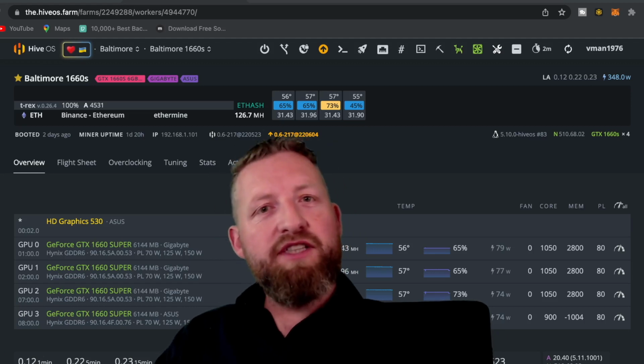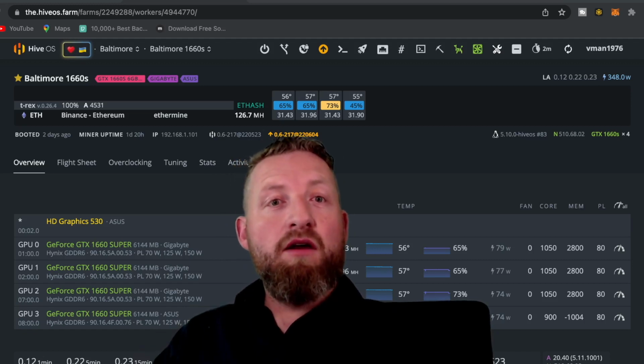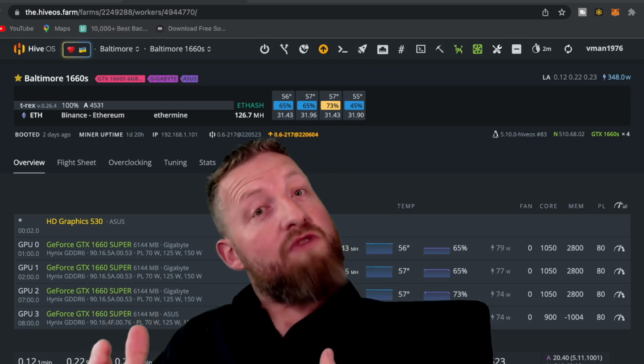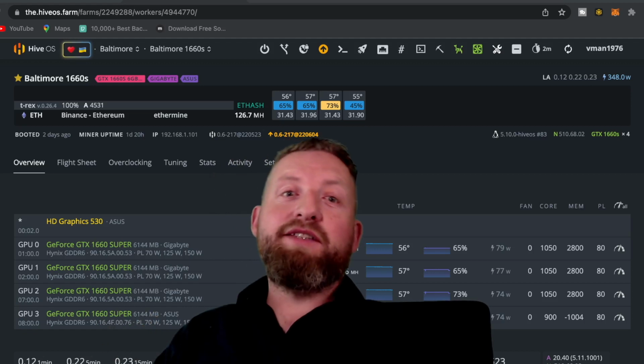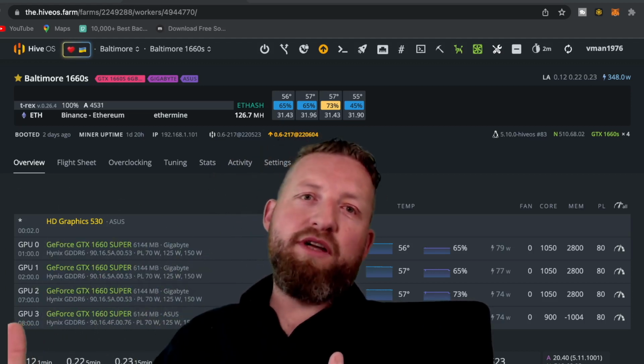Now, where I live, half the day my electricity is charged at one rate, and overnight it's a third of the price.